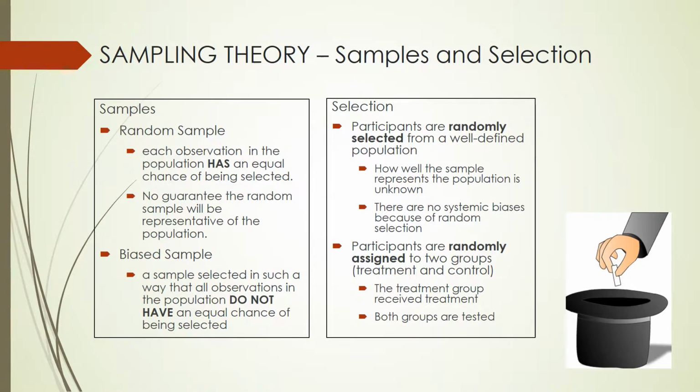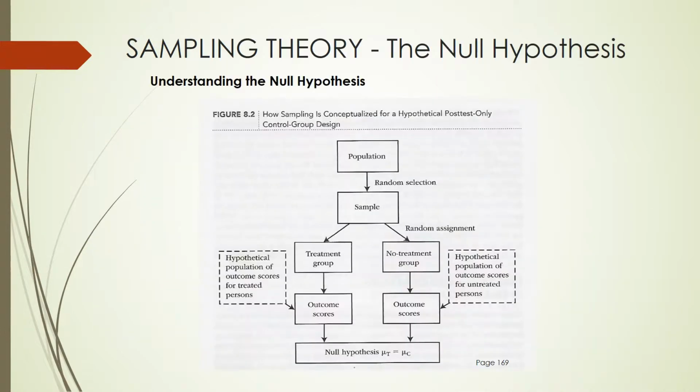Selected participants are randomly assigned to two groups, treatment and control, to test the research hypothesis. The result is analyzed against the null hypothesis. The null hypothesis is based on the fundamental assumption that participants in the treatment group and the no treatment group are randomly selected from hypothetical treatment and no treatment populations.